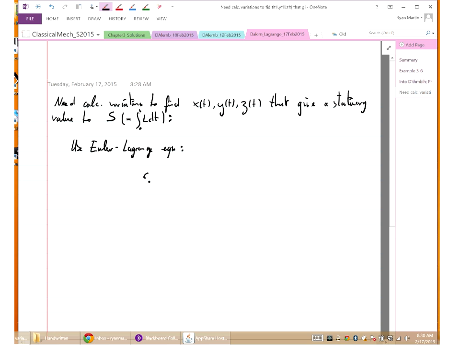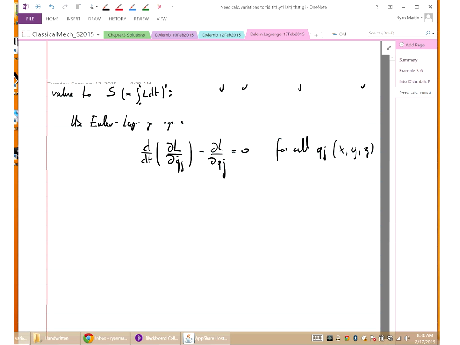And S will be stationary if d by dt of ∂L by ∂qj dot minus ∂L by ∂qj equals 0 for all qj. In this case, qj is x, y, or z.